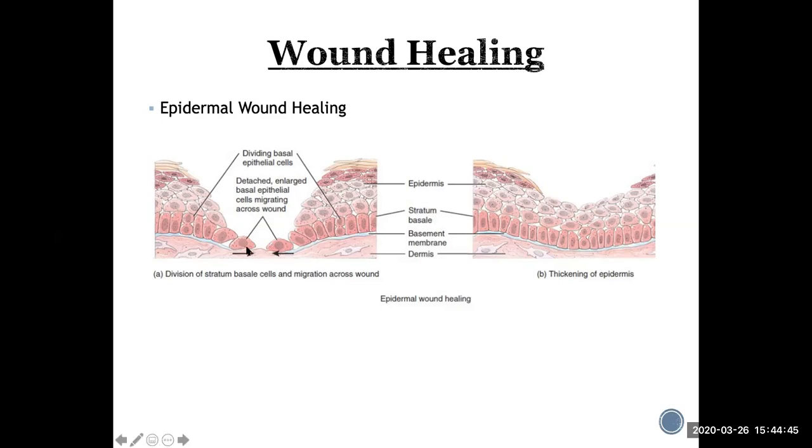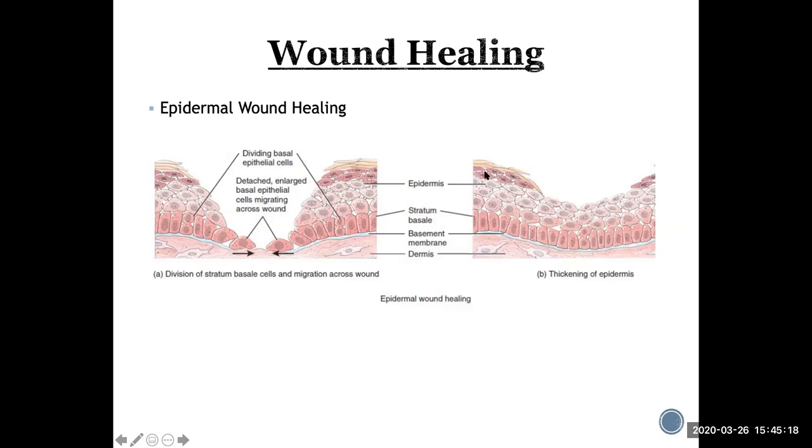So these cells move towards each other, and then as they produce cells, they fill in the gap. To remind you, we've got the basement membrane for the epithelial tissue of the epidermis, that stratified squamous epithelium. We've got the stratum basale, which has now formed a contiguous line again after having been separated by this injury.